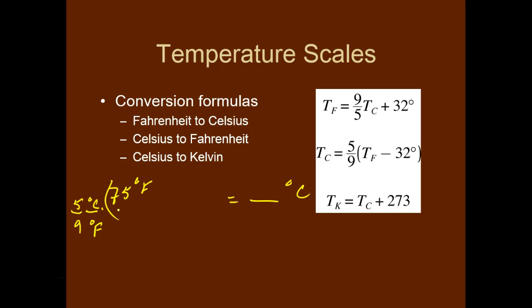So before we multiply, we have to subtract 32 so we can get down to degrees Celsius. What's 75 minus 32? 43 degrees Fahrenheit. That's what we cancel out. So multiply.